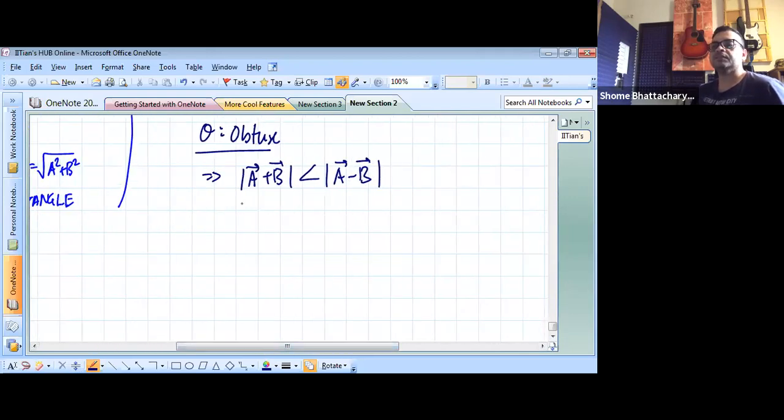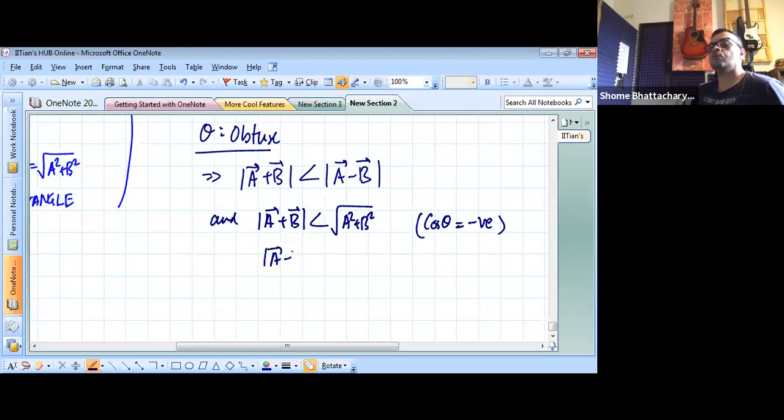And again, when theta becomes obtuse, mod of A plus B becomes less than root of A square plus B square because cos theta is a negative quantity when it's obtuse. And for the same reason, mod of A minus B becomes greater than root of A square plus B square.